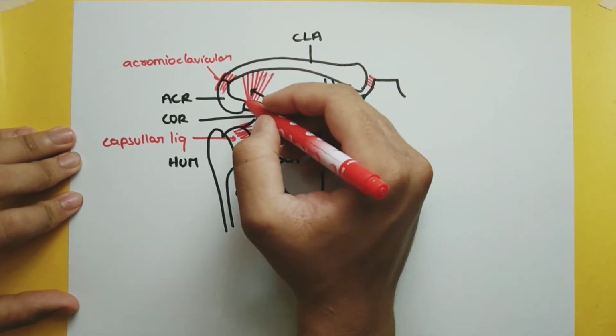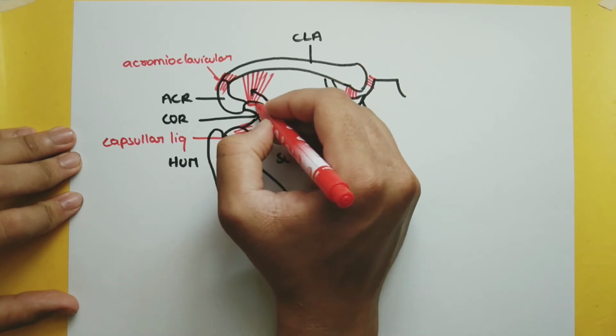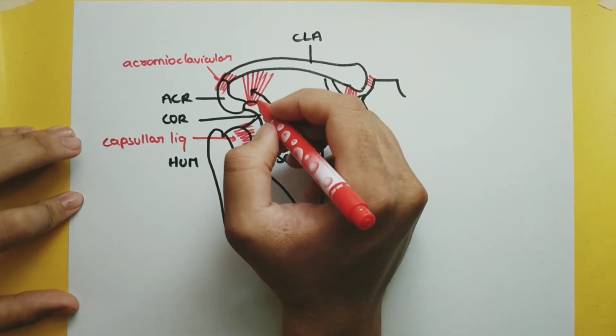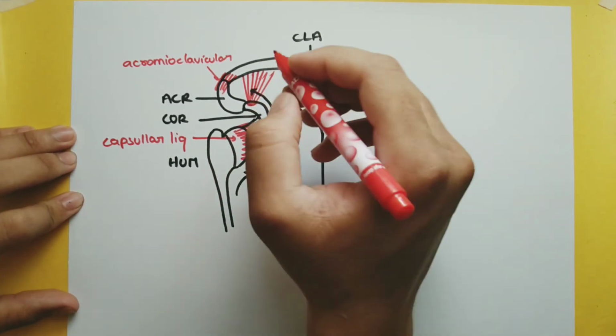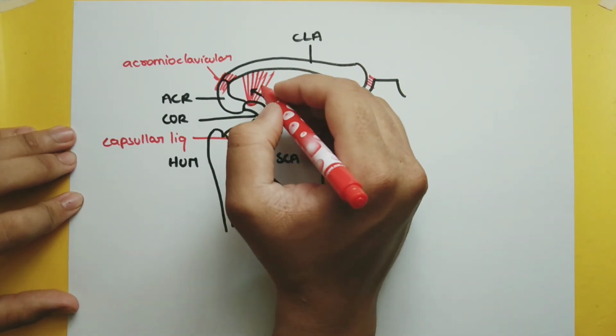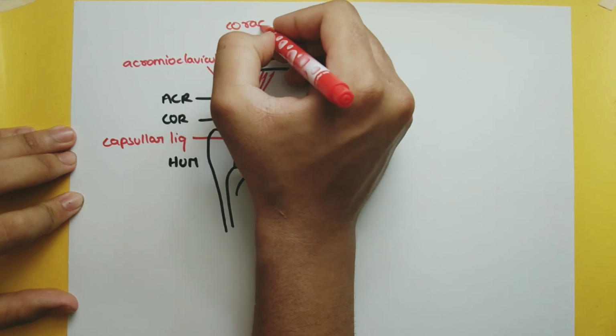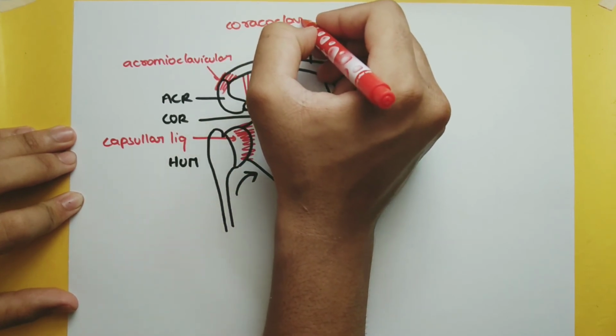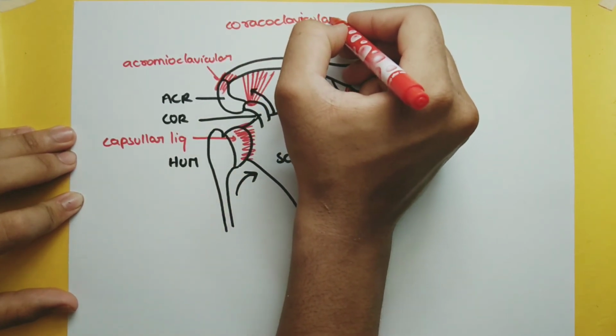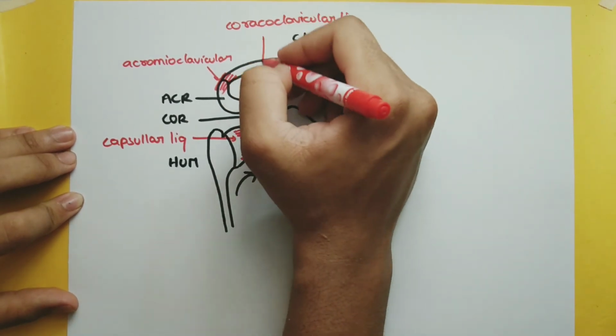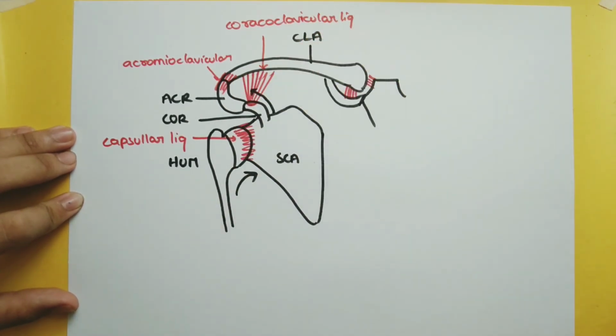And there is one other set of ligaments, the coracoclavicular ligaments, which originate from the coracoid process and go to the clavicle.